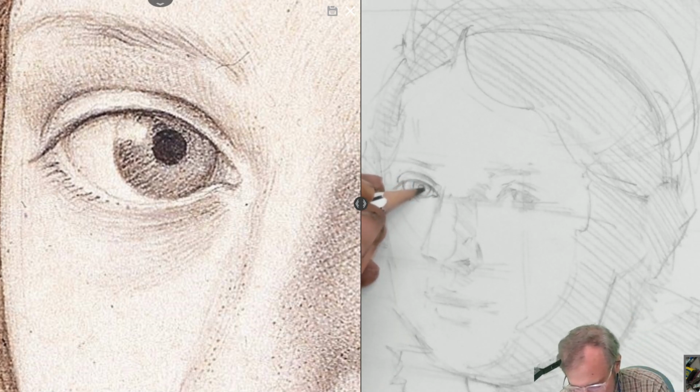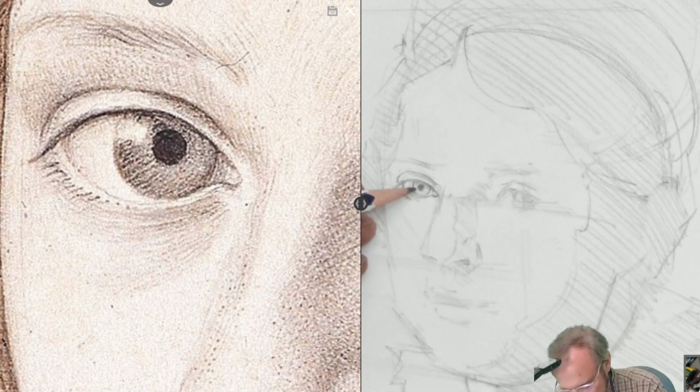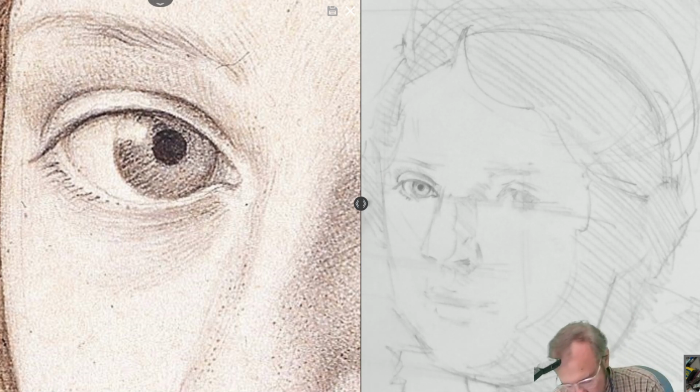And there's that pupil. And you can see that because I already had established the dark of the iris and a little bit of the shading around the eye socket, my eye ends up being in exactly the right place without a lot of effort.